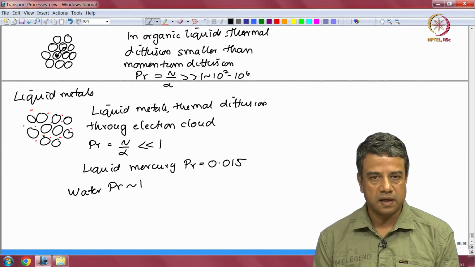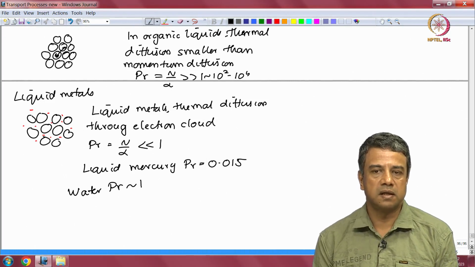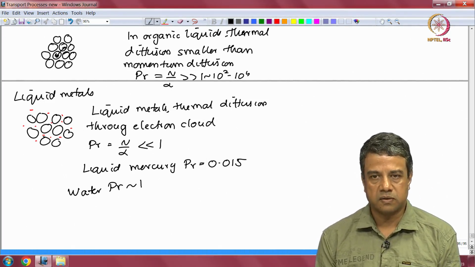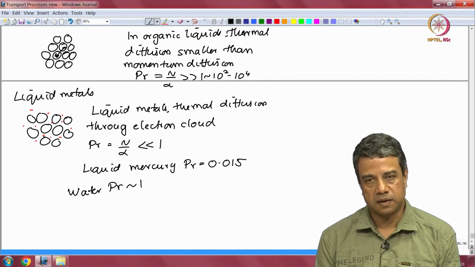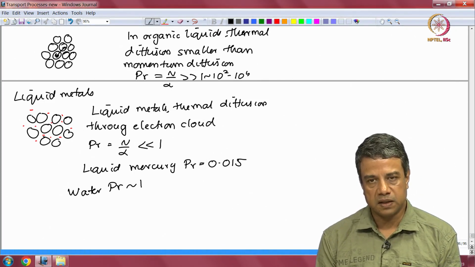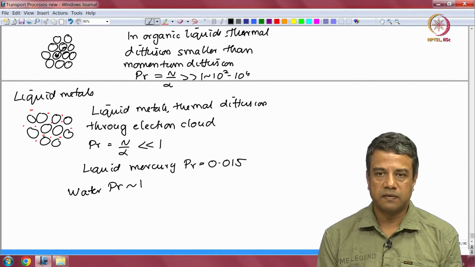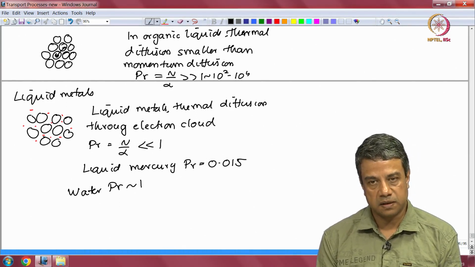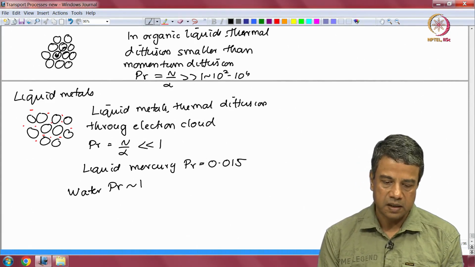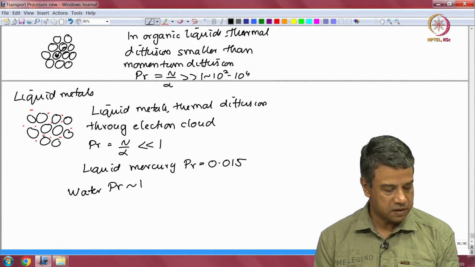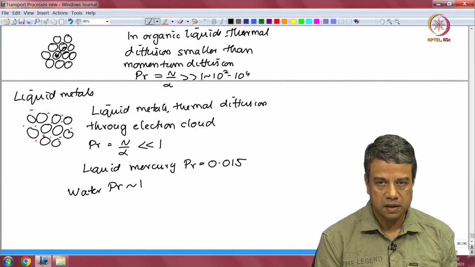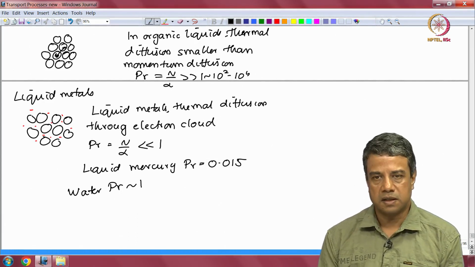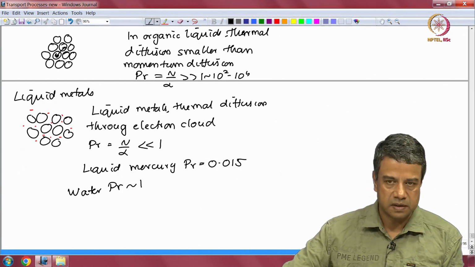So therefore, there is a range of diffusion coefficients in liquids depending upon the mechanism of diffusion. In metals, it is due to the electron clouds, and therefore, it is a very fast process. Thermal diffusivity is very large, of the order of 100 times the momentum diffusion. In the case of organic liquids, thermal diffusion is a slow process, and water is somewhere in between. So, in liquids, the ratio depends upon the mechanism of energy transport.